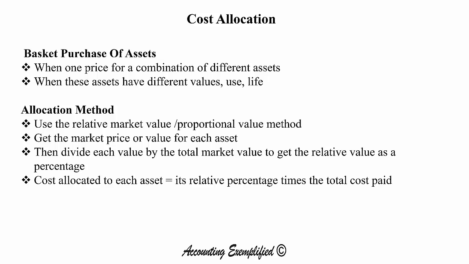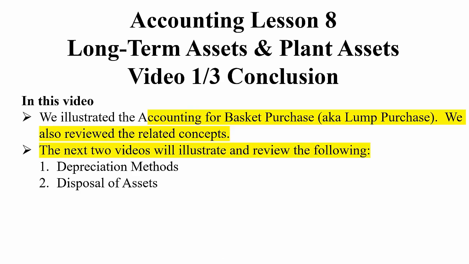And then will divide each value of the asset by the total market value to get the relative value or a proportional value, which will be calculated as a percentage. Then the cost allocated to each asset will be equal to its relative percentage calculated in the step above times the total cost paid.